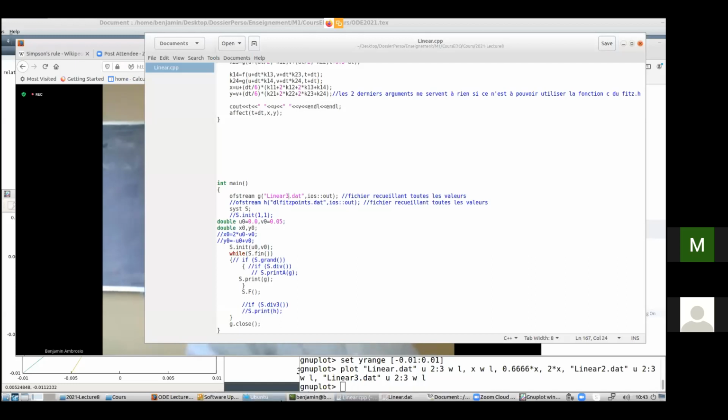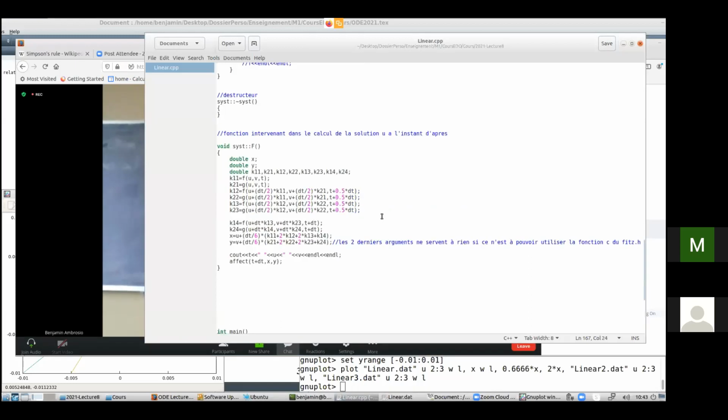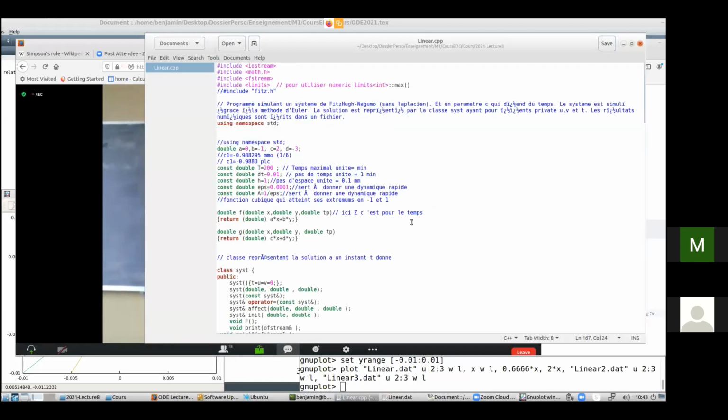All right, so I'm coming back to my program here, and I'm going to change it. So now a equals minus 2, b equals 0. Of course here I can compute directly because I know the solution explicitly, but let's run the simulation.